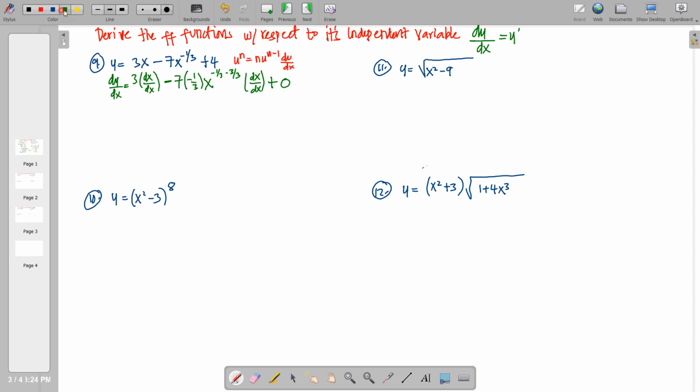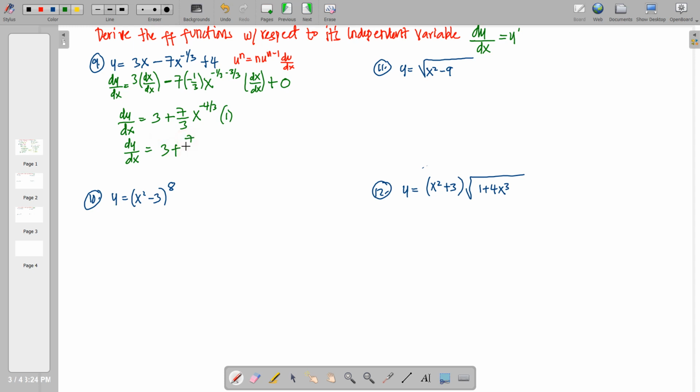So we can now simplify. We have dy over dx, simply 3, so it becomes positive negative 7 times 1/3, or negative 1/3, it is positive 7/3, and then this is x is to negative 4/3, so negative 1 and negative 3 will just combine, so we may indicate 1 here for that. Okay, so dy over dx is equal to 3.